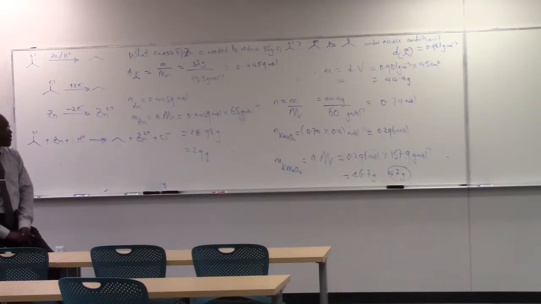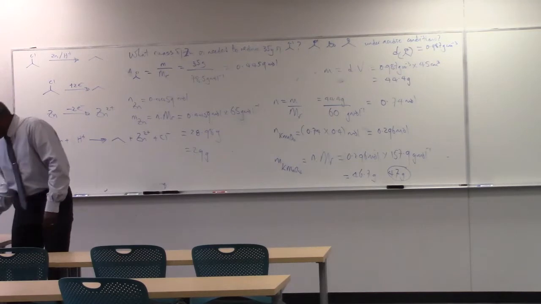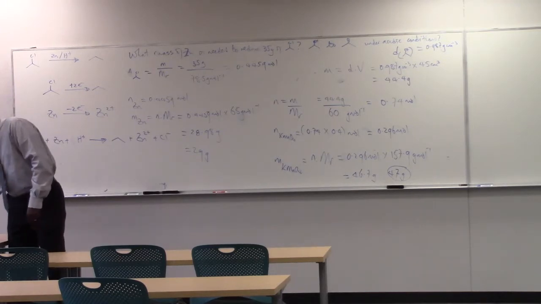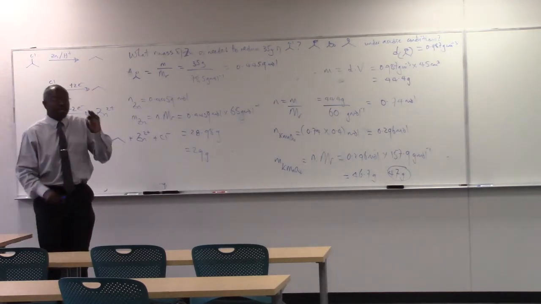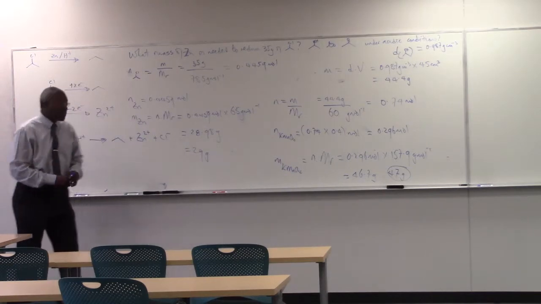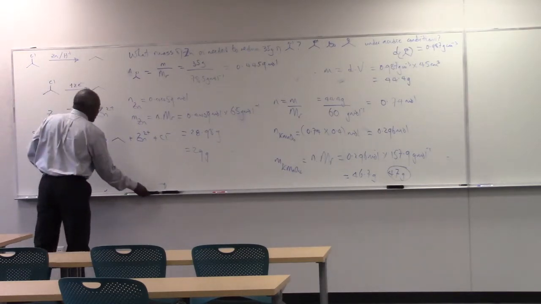Or you could be given the organic structures and asked to tell me: is this an oxidation or reduction, and if so, how many electrons? So am I losing 6 electrons? Am I gaining 4 electrons or whatever? And what you want to do is look at the oxidation level of the carbons in the compound and make an assessment.